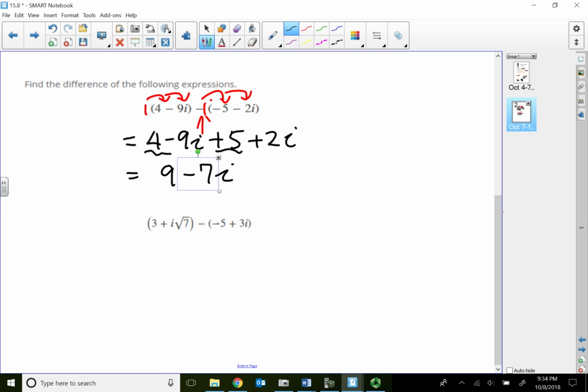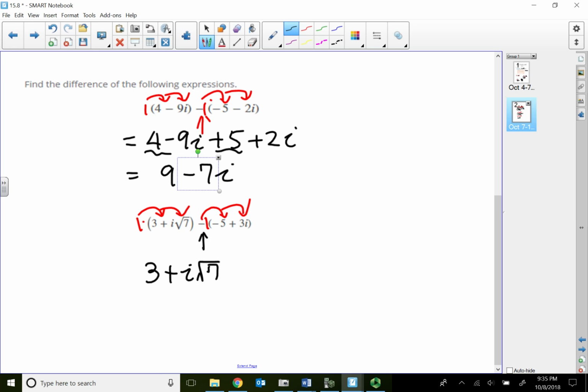Now this one is interesting. This imaginary part is i times the square root of 7. I don't think that's a like term with the 3i, because the 3i does not have a radical with it. So in a minute I cannot combine those. So -1 and +1, begin to do a distribution. +1 times 3, +1 times i square root of 7 is 3, and +i square root of 7.